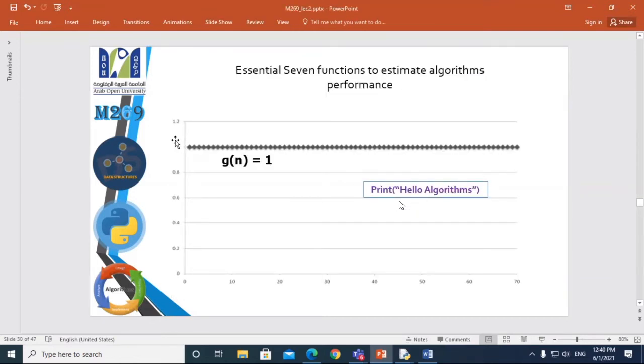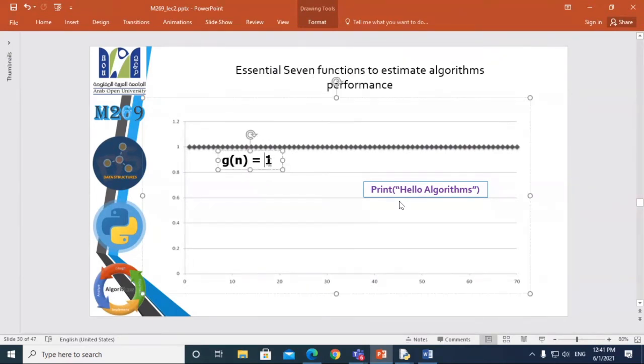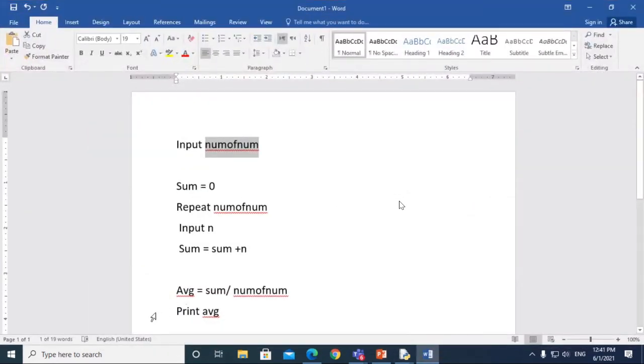Okay, let's now look at the 7 important functions. You must understand them today. If the function is g of n equals 1, what does it mean? For example, you have code that says print hello algorithms, or print average.